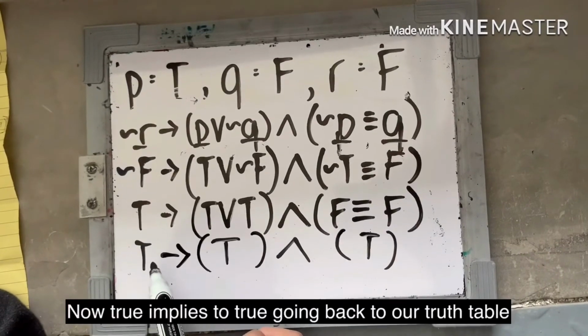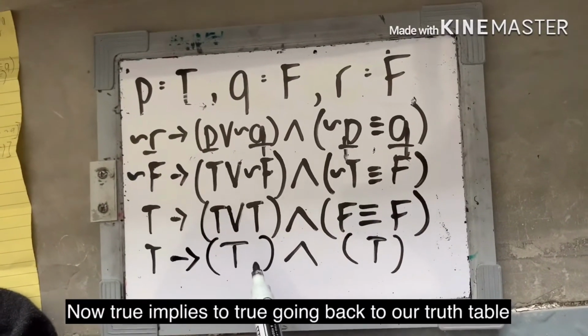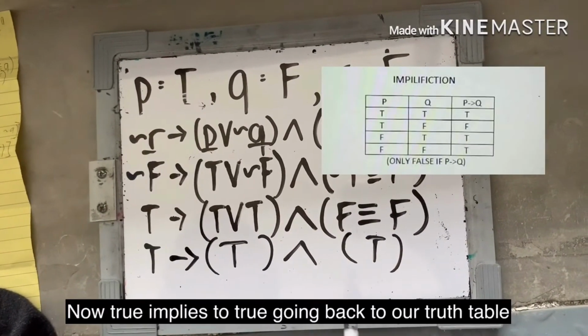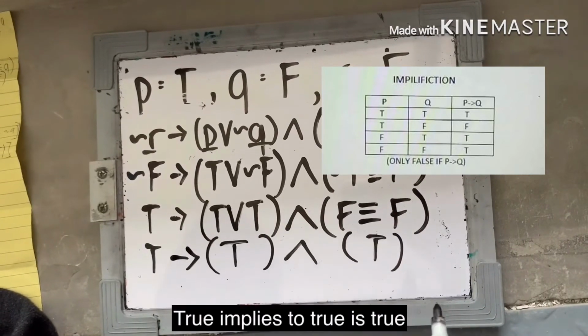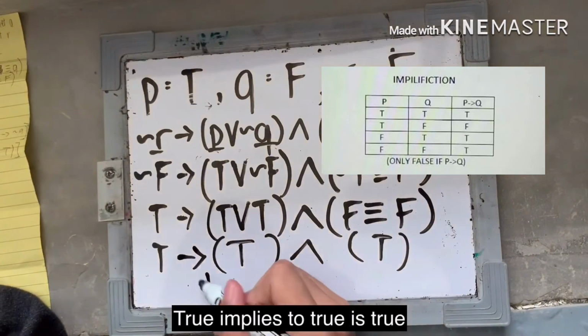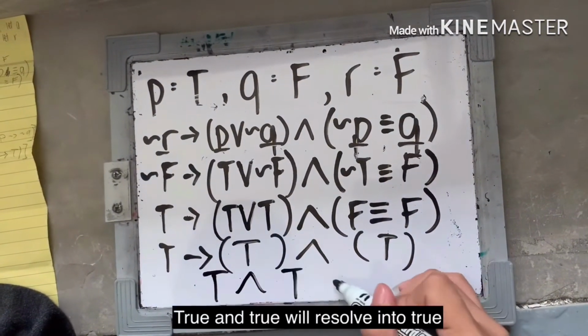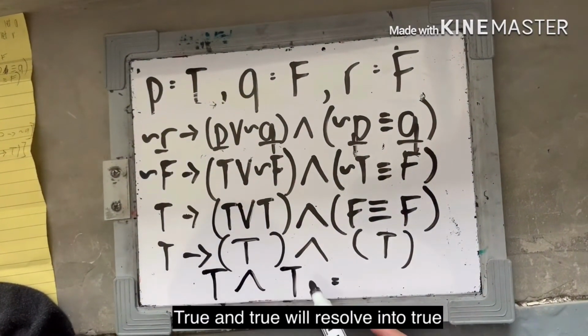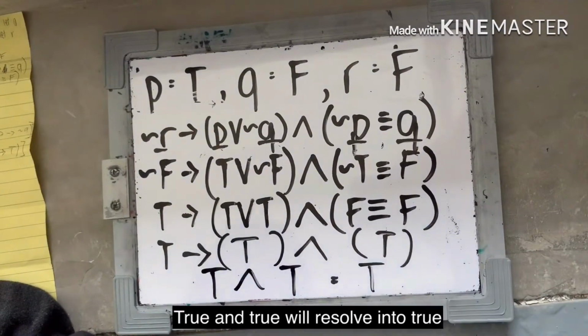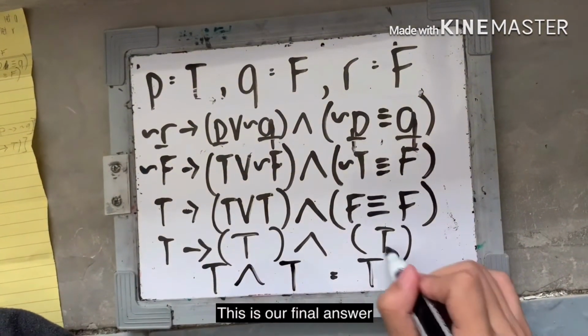Now, true implies true. Going back to our truth tables, true implies true is true. Copy this. True and true will result in true. This is our final answer.